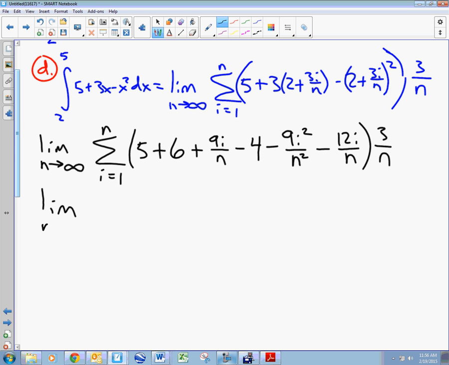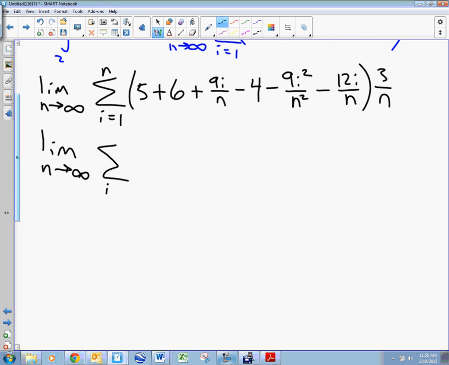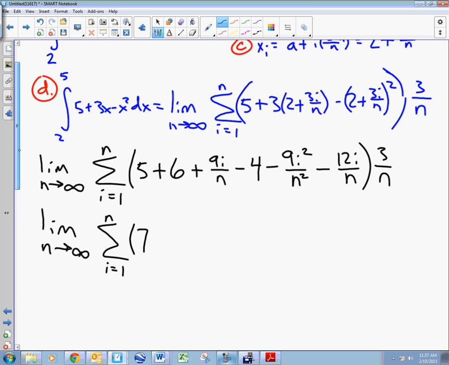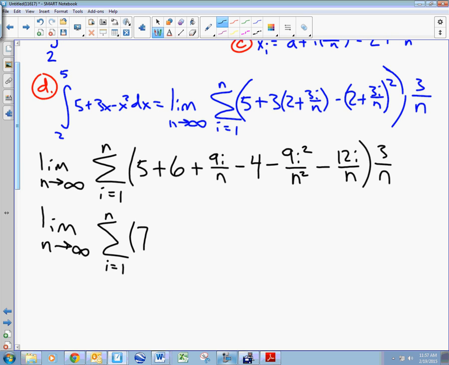All right. Limit as n goes to infinity. We just say that, like it's no big deal. I'm going to go to infinity. And what do we got? Well, let's combine like terms first. So if you took 2 plus 3i over n times 2 plus 3i over n, you have to FOIL that out, right?